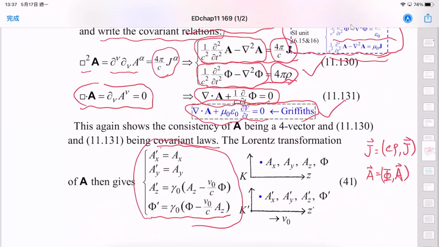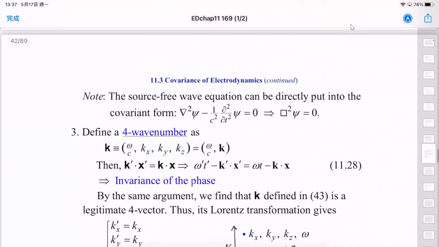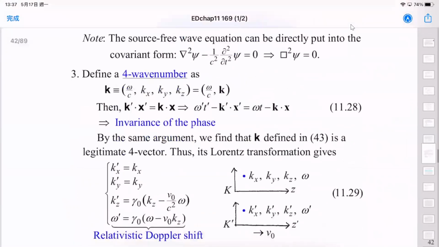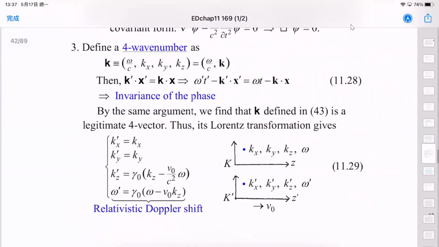What else? Let me give you more information. The source-free wave equation can be directly put into the covariance form, like this one, easily. This one is a four-wavenumber.